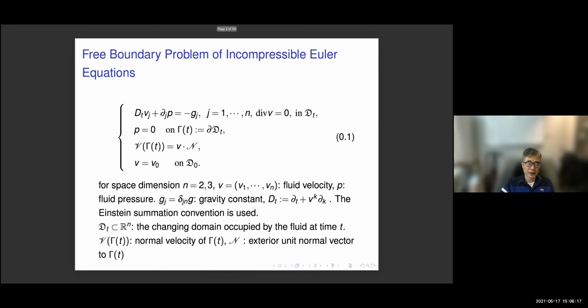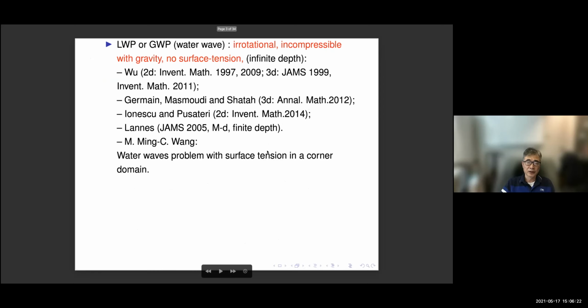For this free boundary problem, for example the water wave problem, we assume that the fluid is irrotational, and consider the case without surface tension. The local well-posedness was first done by Shijue Wu in 1997 and 1999.